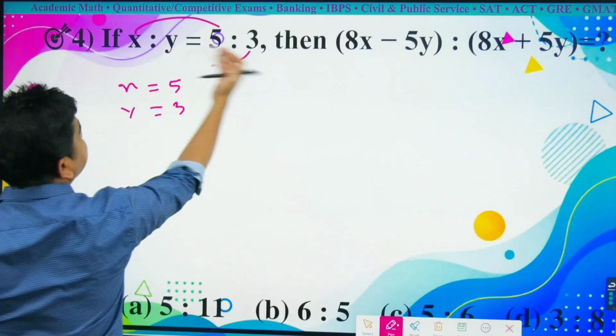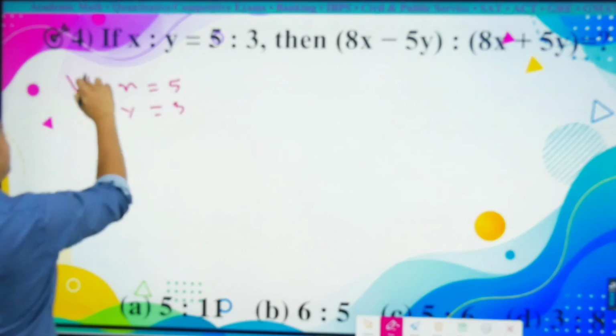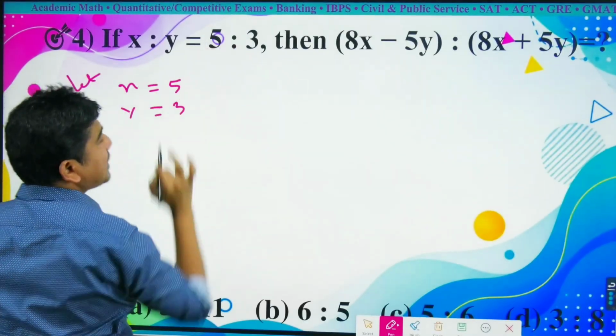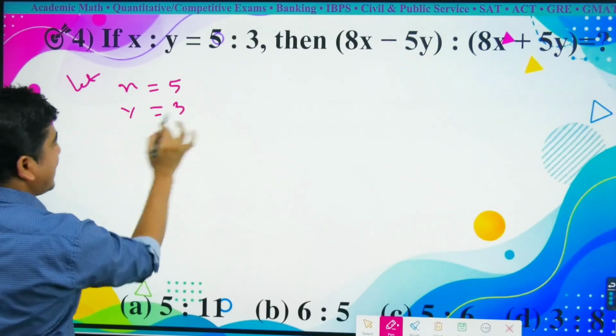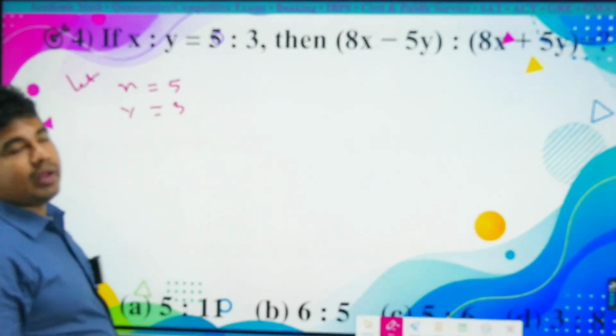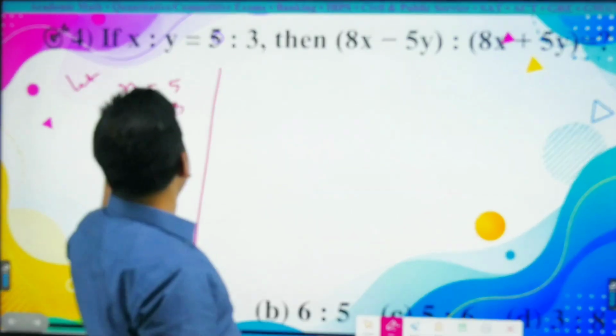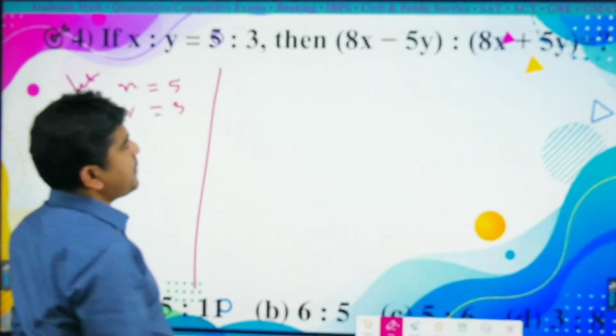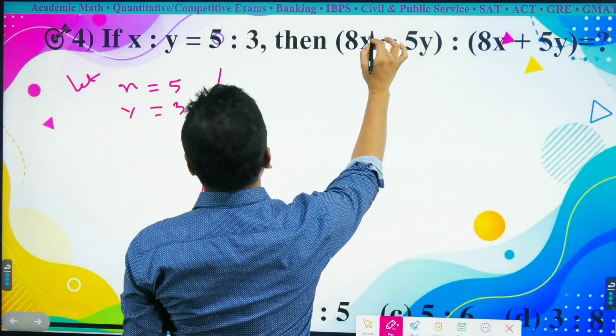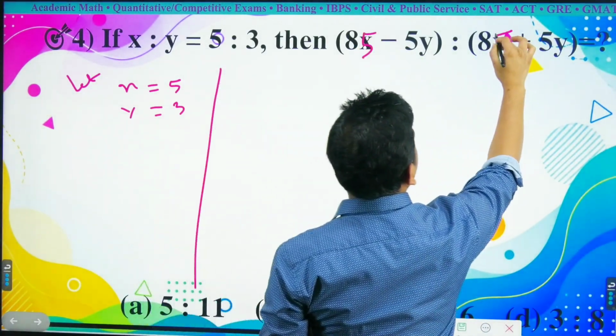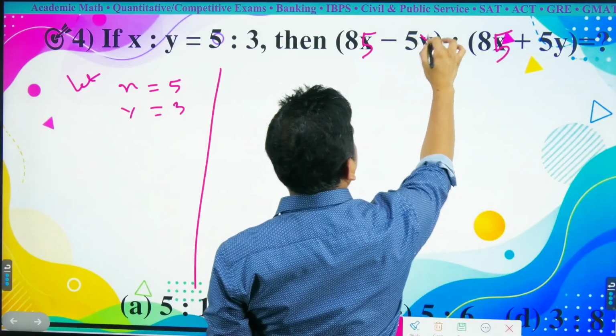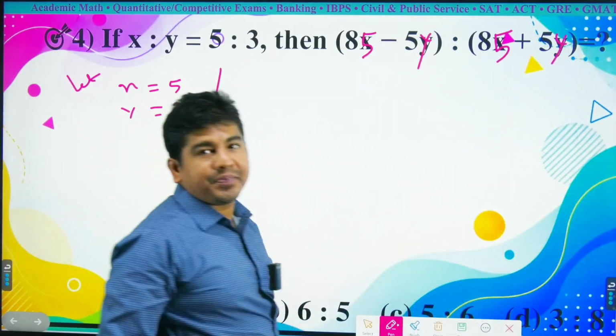So let the value of x equal 5, then y must be 3. Now put x equals 5 and y equals 3.